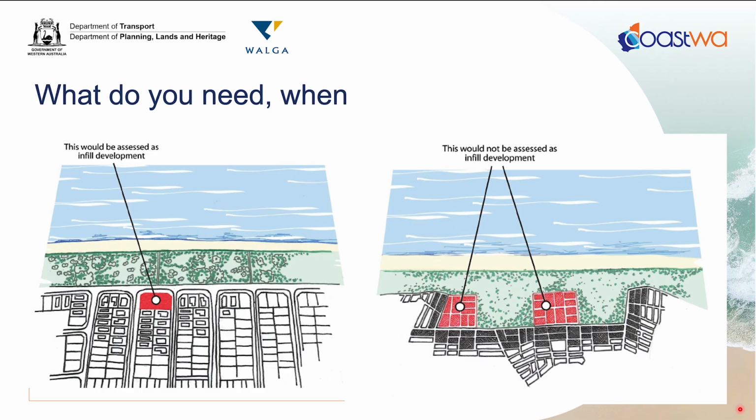The CHRMAP would need to demonstrate that the coastal hazard risk can be adequately managed to ensure there's no danger to lives, property and infrastructure, and that new lots and resulting development and infrastructure are unlikely to detrimentally affect natural coastal processes. Again, this is important. The subdivision application on the left, small scale in existing urban area, and the subdivision on the right, slightly larger scale and probably needs a more significant planning process.